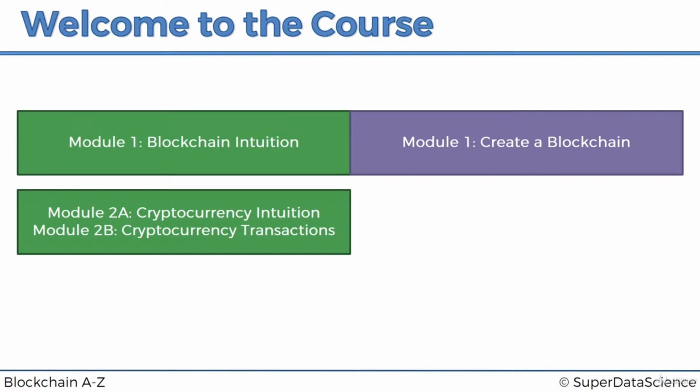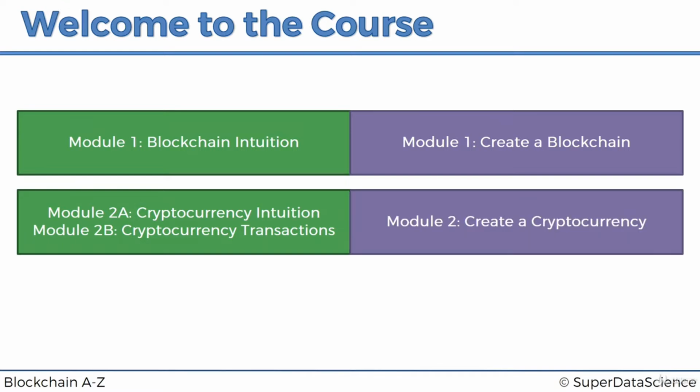It will help us delve deeper into one of the applications of blockchain, which is cryptocurrency. Then again, you'll have a practical module, where Adlan will walk you step by step through the process of coding your own cryptocurrency using that general purpose blockchain that we created in the first module.